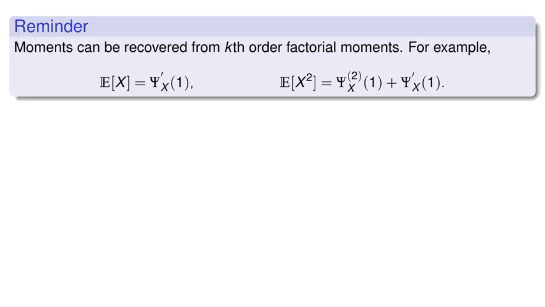The second moment, the expectation of X squared, can be found from the second factorial moment, which is the expectation of X times (X minus 1), or psi sub X double prime evaluated at 1. Specifically, the expectation of X squared is psi sub X double prime at 1 plus psi sub X prime at 1.